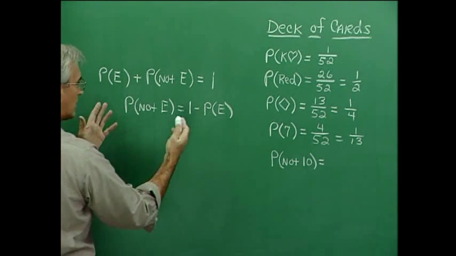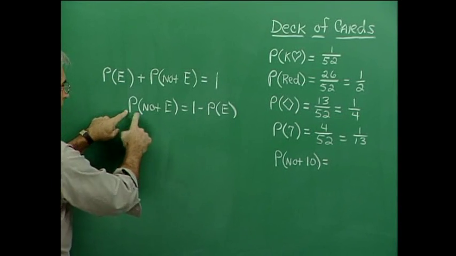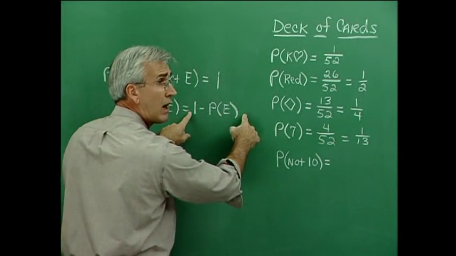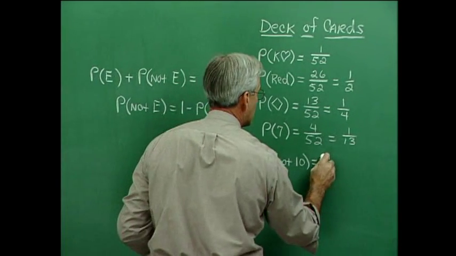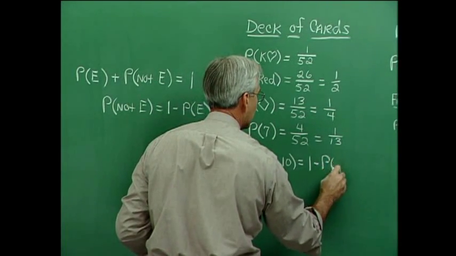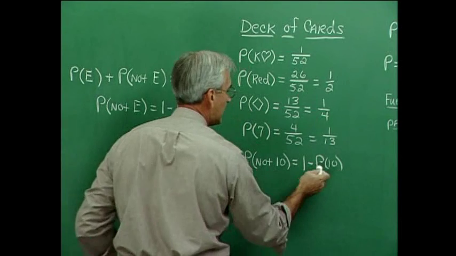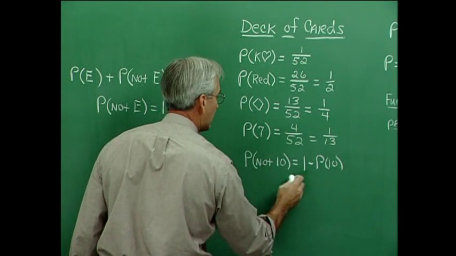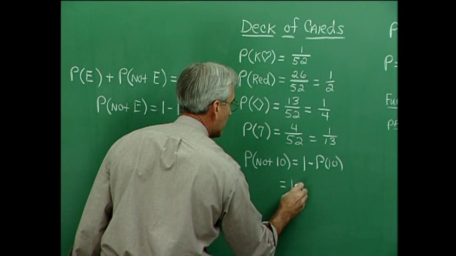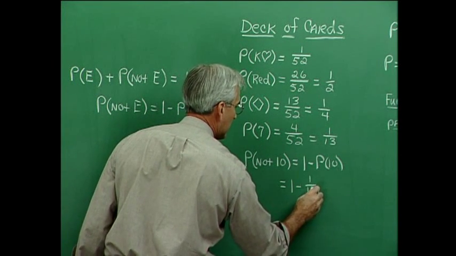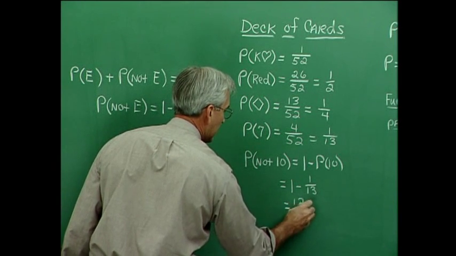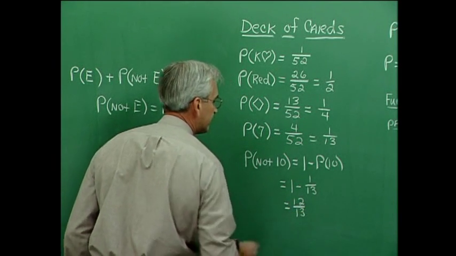So another way to approach the probability of not 10 is to calculate 1 minus the probability of 10, and we know the probability of 10 is the same as the probability of 7 here. We think through it in the same way. So this is 1 minus 1/13. 13/13 minus 1/13 is 12/13 for that probability.